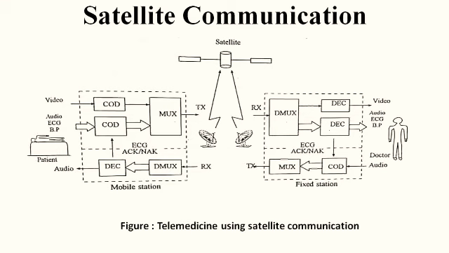In this slide you can see there are two sections. One is the mobile station, another one is the fixed station. Again, the mobile station is the patient's premise, whereas the fixed station is the doctor's premise.